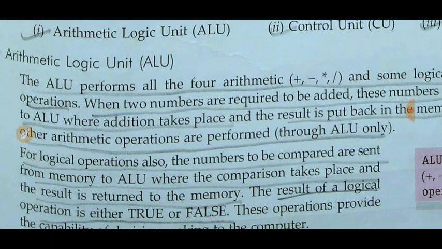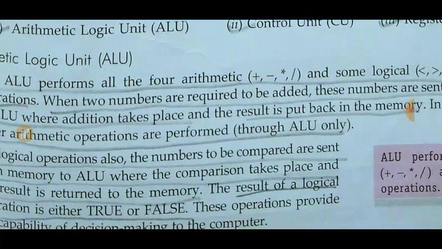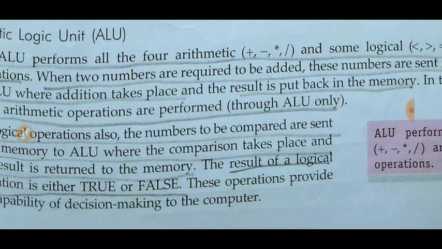It takes that data and puts it into the ALU where addition can take place, and after performing the operation the result is put back in the memory. Memory means primary memory. Or if there is an intermediate result, then this intermediate result will be stored in the register.